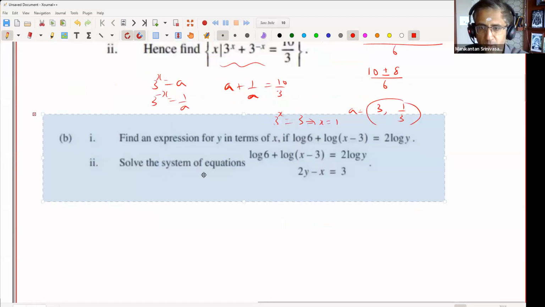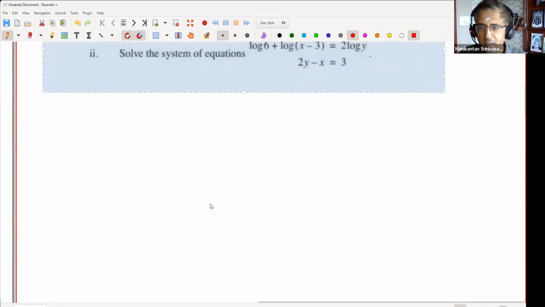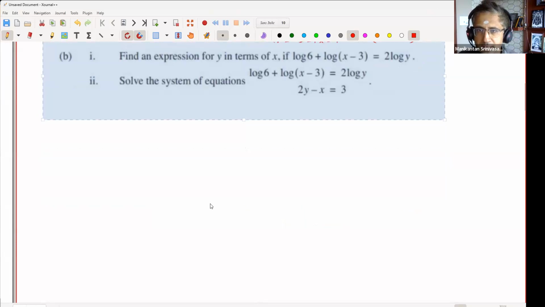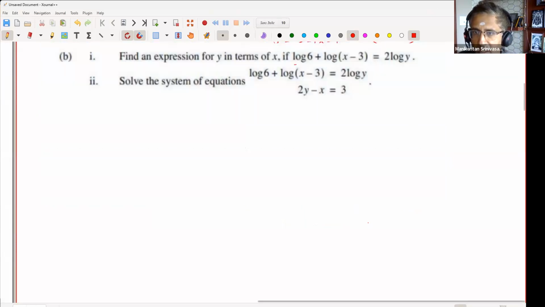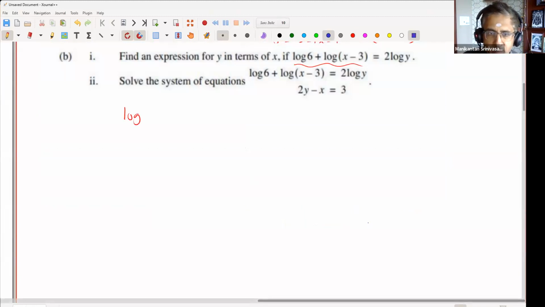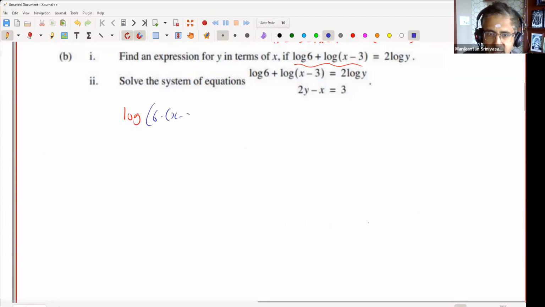Find an expression for y in terms of x. If log of, so this is just rearranging, right? So I can get rid of logs by saying log of 6 into x minus 3 equal to 2 log y, which is log of y square.